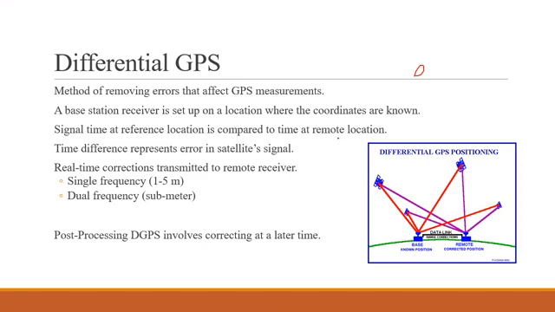In this differential GPS system, a base station is set up at a known location. For example, this is a base station, and these are the satellites, satellite 1, 2, 3, etc. These are receiving the signals at the base station.